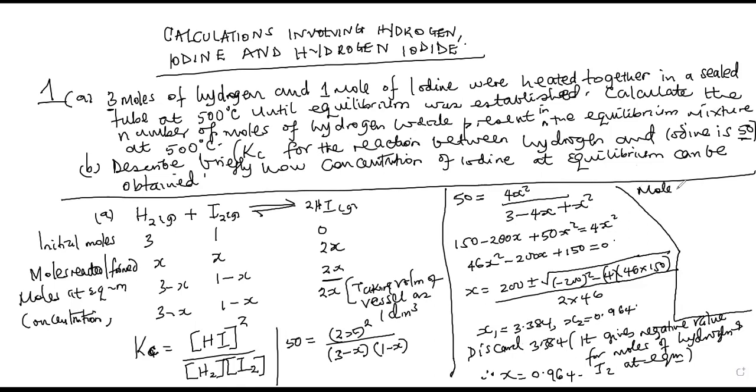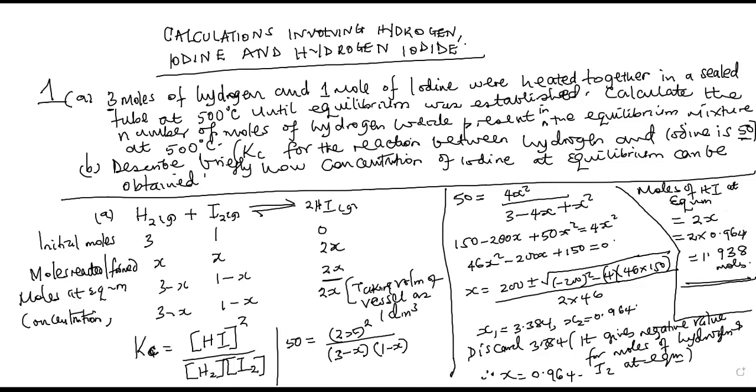So moles of hydrogen iodide at equilibrium will be equal to 2x, which is 2 times 0.964, which is going to be equal to 1.938 moles.